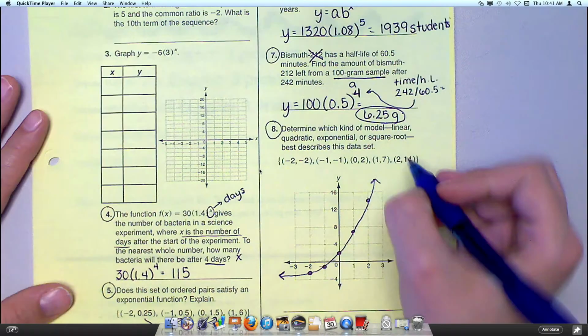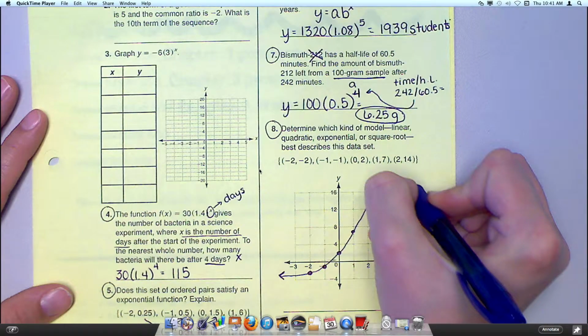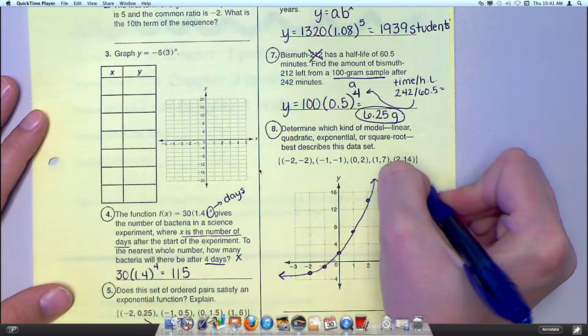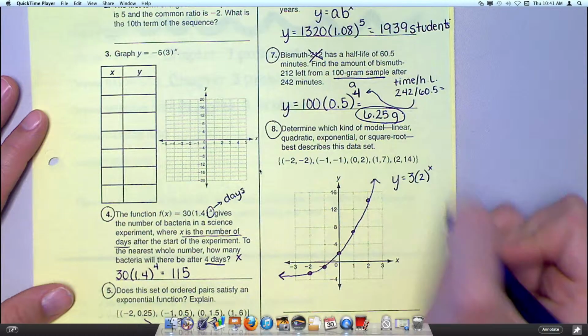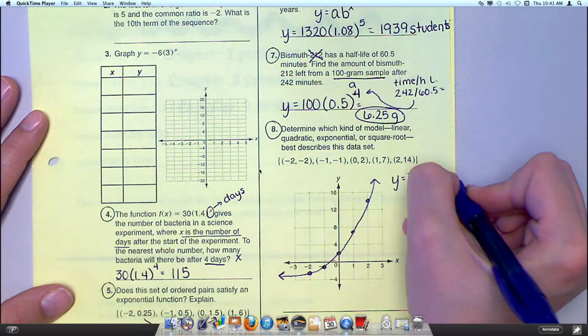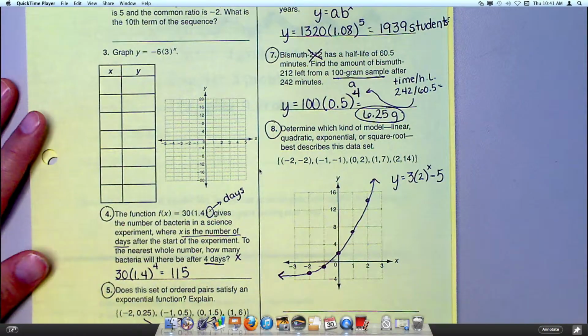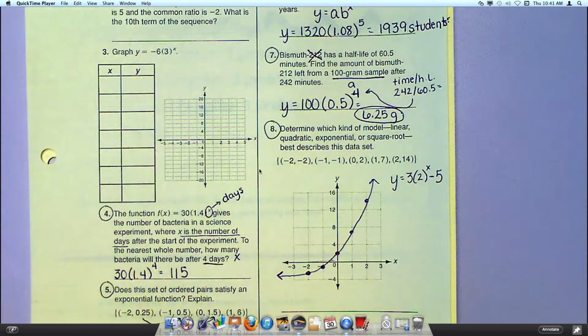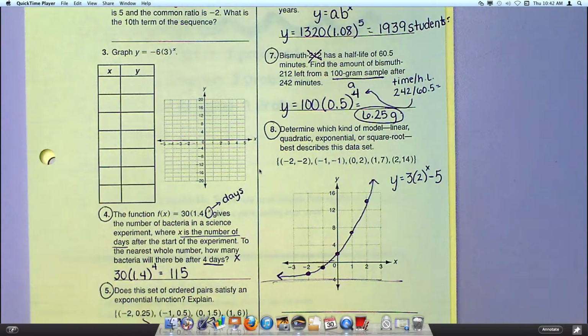But if I take an exponential function like 3 times 2 to the power of x, and I do something crazy like -5 on the end, that -5 is going to take my whole graph and shift it down. So it could cross the axis. And the asymptote would be down here someplace. So I agree. That's dumb.